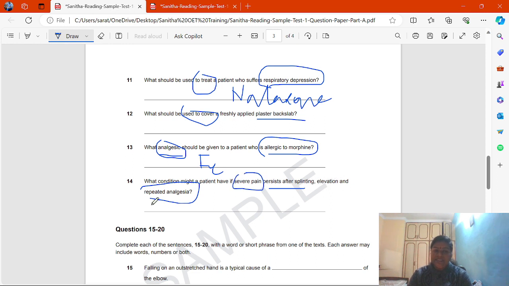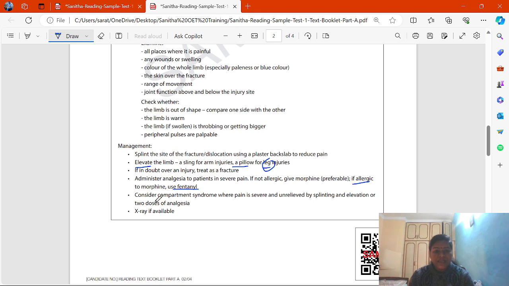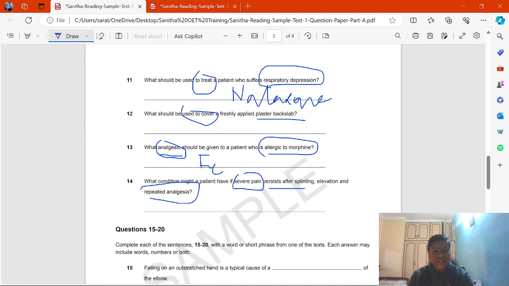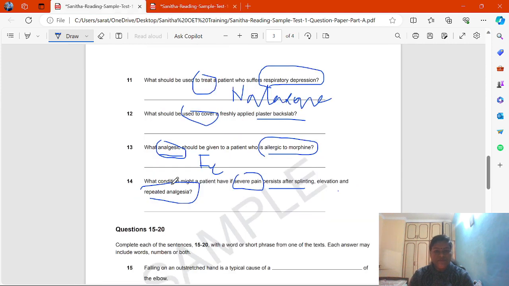So it is in the assessment, so go to assessment, that is in B. Immediately I can see: consider compartment syndrome where pain is severe and not relieved by splinting and elevation. The keywords are here: splinting, elevation, repeated analgesia, severe pain. So what is the condition? Compartment syndrome.